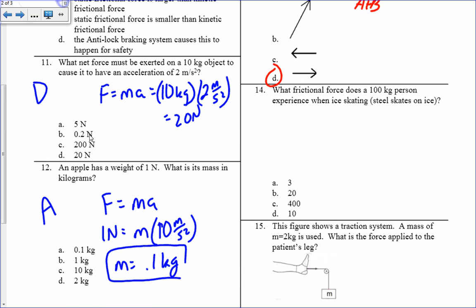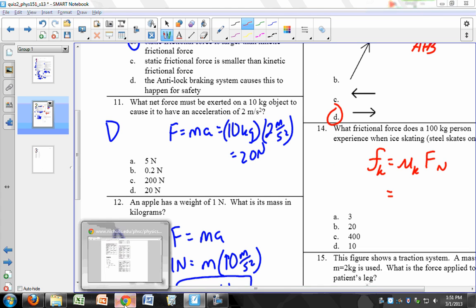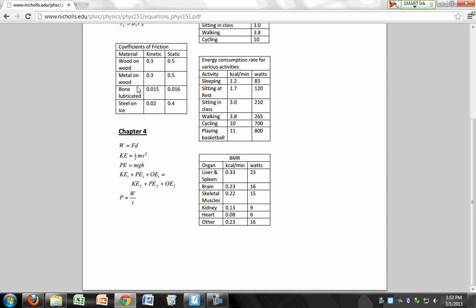What frictional force does a 100 kilogram person experience when ice skating? And this is the kinetic frictional force. It is equal to mu K times the normal force. The normal force is equal to the weight of the person. And we can look up our mu K. It's on that table. We're looking for steel on ice.